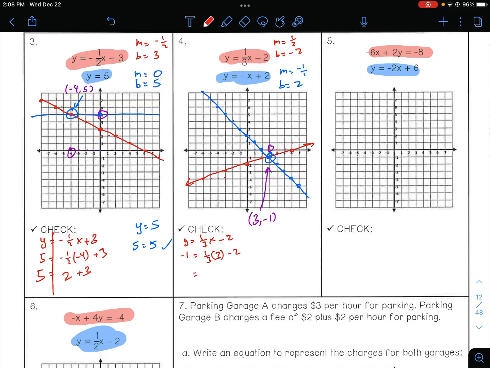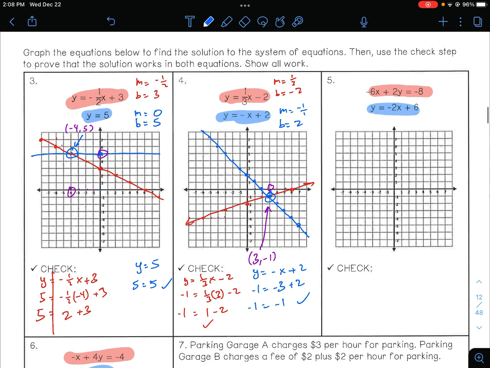So 1/3 times 3 is 1 minus 2. Does 1 minus 2 equal -1? It does. Let's try the blue one. Y equals -x plus 2. So y is -1, x is 3. Does -3 plus 2 equal -1? It does. All right, let's do our third equation.